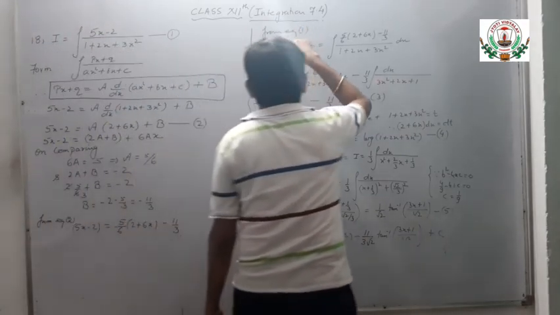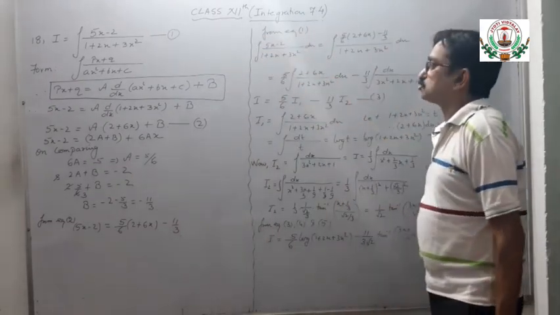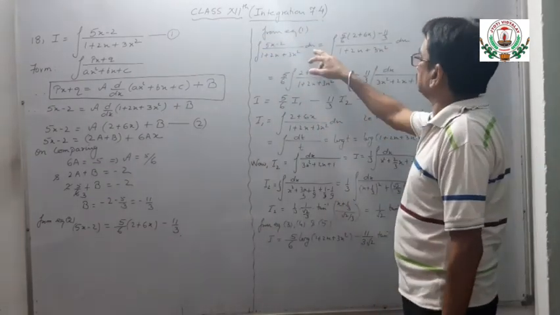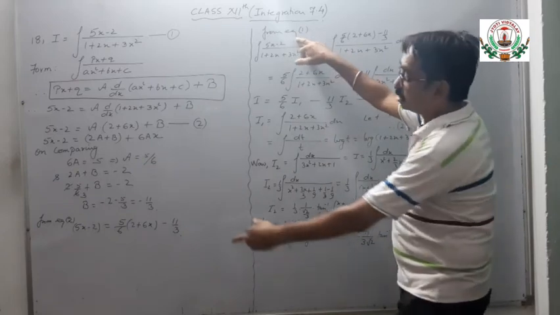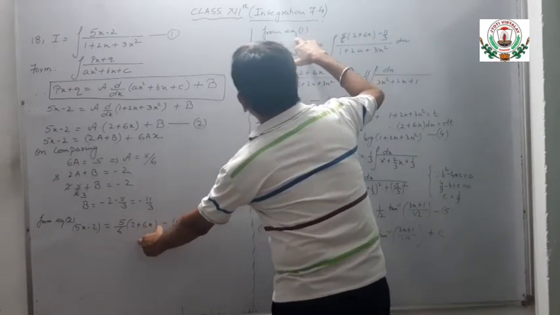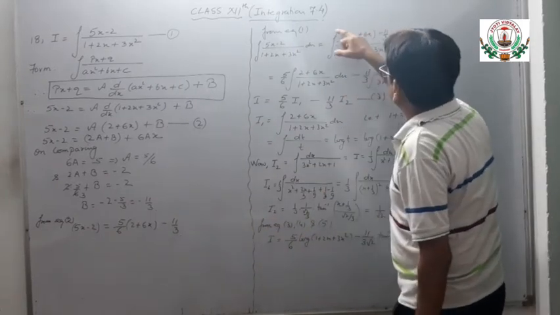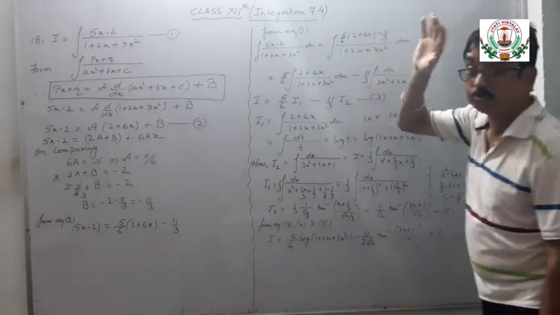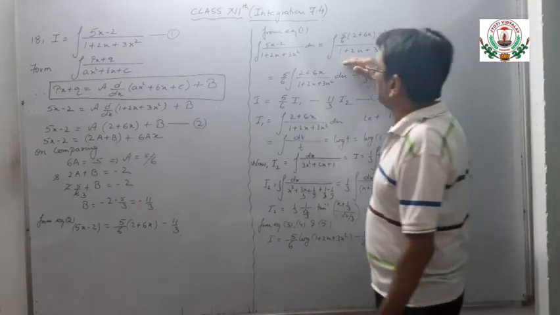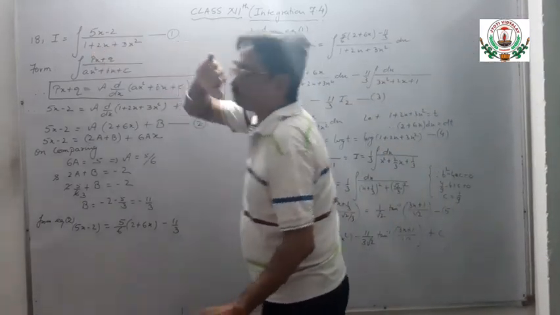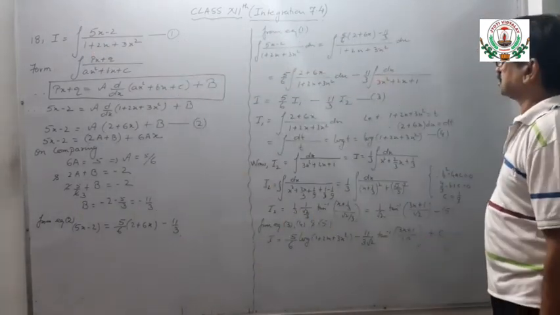Listen, from equation number 1, integration of 5x minus 2 upon 1 plus 2x plus 3x square dx equals, now 5x minus 2 is equals to 5 by 6 into 2 plus 6x minus 11 by 3. This complete term you must write down in the numerator and the denominator you write down as such, 1 plus 2x plus 3x square.